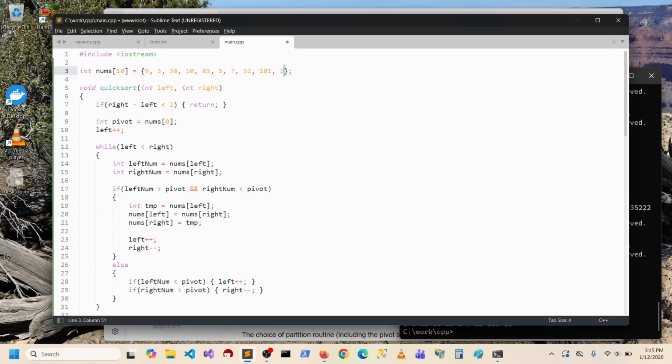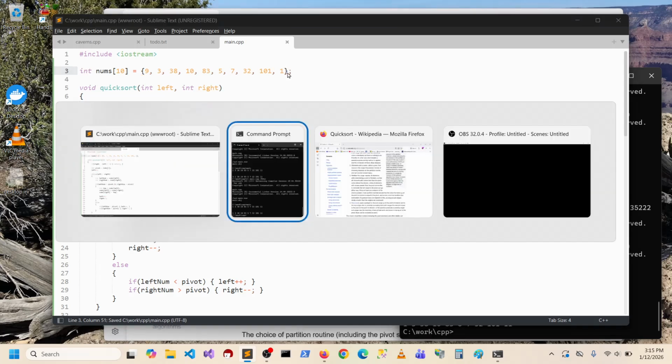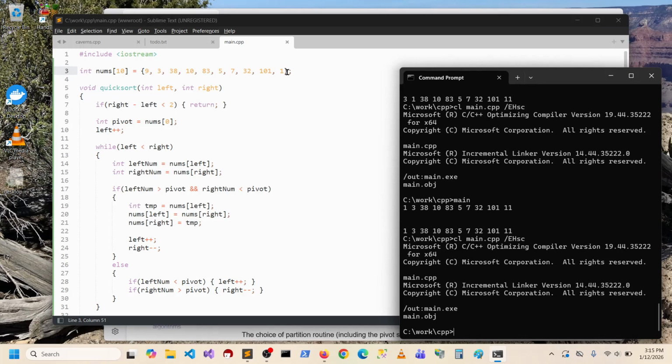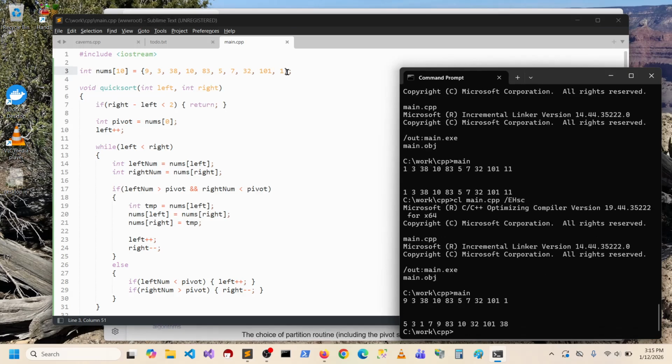Oh, 1 at the end. See if that one still works. Yeah, that one's not doing it. Well, no, it did it. Pivot's 9, so everything over here. So that part of it's working.